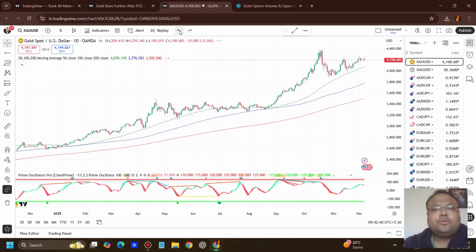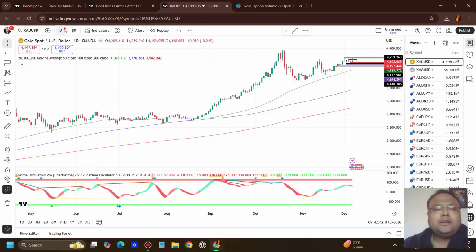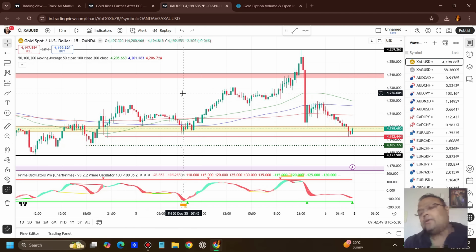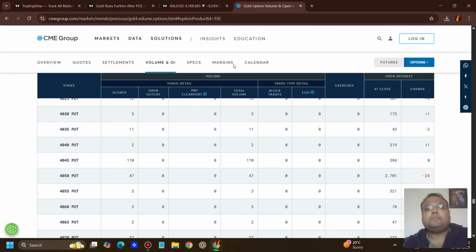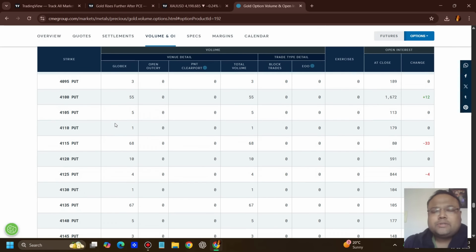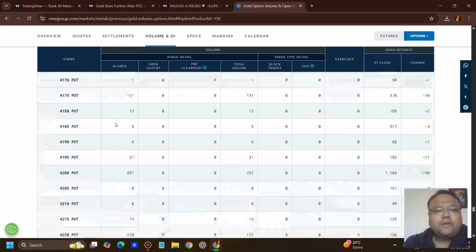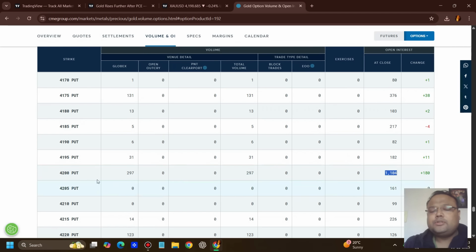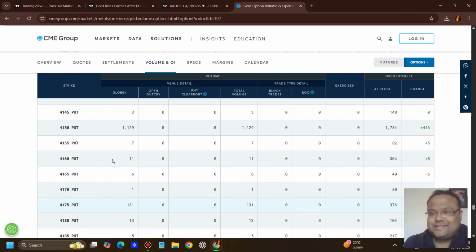So let's get back to the 15-minute chart now. One thing I would like to show you today, because yesterday in our video I mentioned that personally I believe we have a possibility of going down, and what was the reason. So this is the option chain here, and right now gold is trading around 4200. If you look at the immediate support around 4200, we have 1100 contracts.